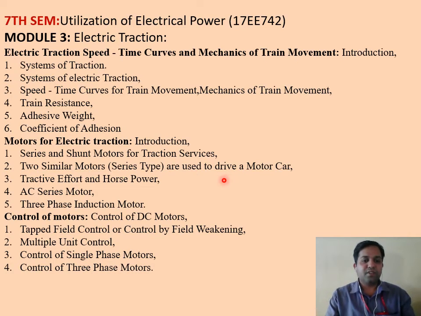We are going to study the various controls used for the motor in this chapter, such as tapped field control, control by field weakening, multi-unit control, control of single-phase motors, and control of three-phase motor. These are the various controls used for the various motors, and in detail we are going to study them in this chapter.